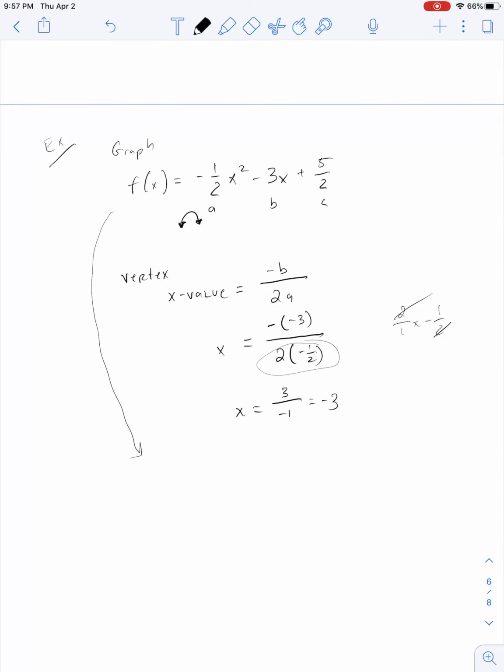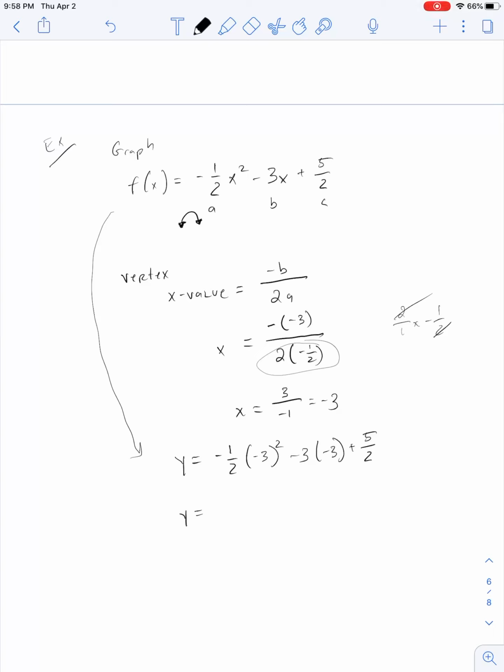Right, so remember we find our y by replacing the x's with that negative 3. Once again, it should be a nice problem. You should be able to input this in your calculator and get to work pretty quickly. So you have y equals, and don't forget your fractions in parentheses.